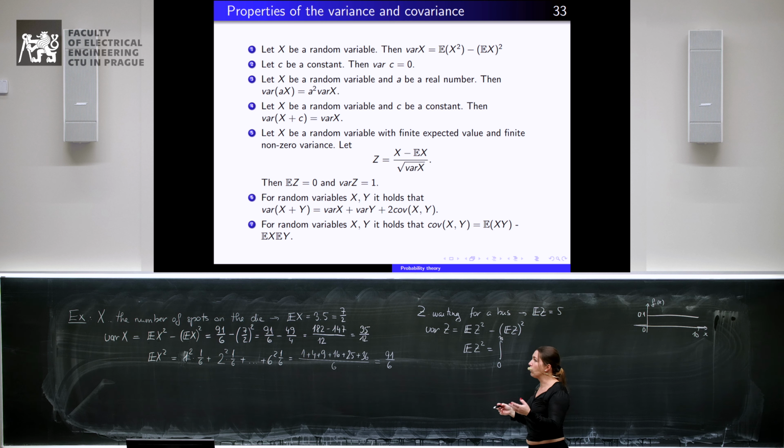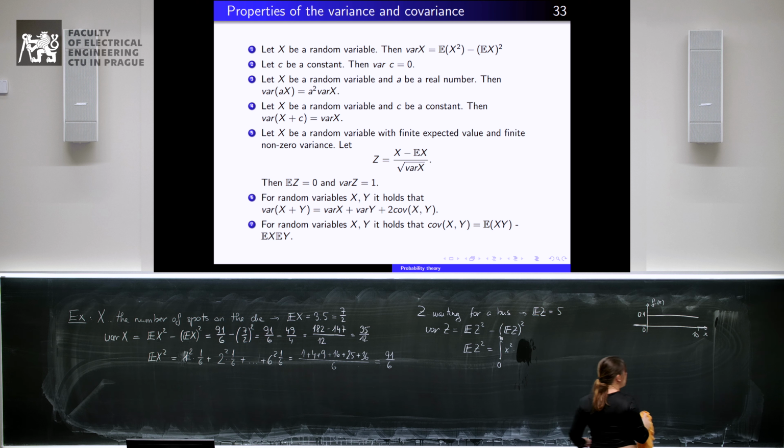Of course, it is formally the integral from minus infinity to plus infinity of the density, but these parts of the density are equal to 0, so the integrals consisting of something times 0 are equal to 0. So for the calculation we will use only the integral from 0 to 10 of x squared times the density. Sorry, the whole time I wrote 0.1, so I will stay with 0.1.